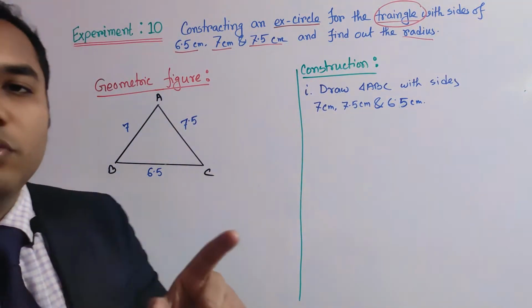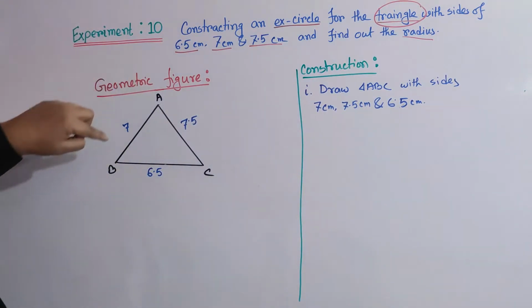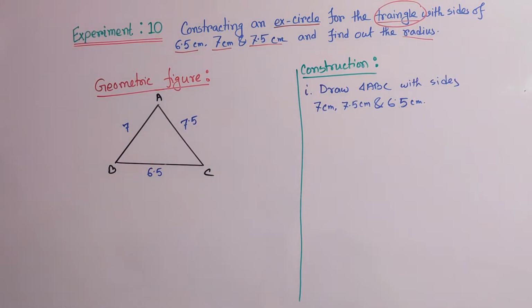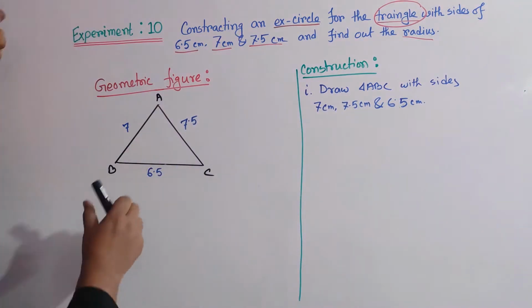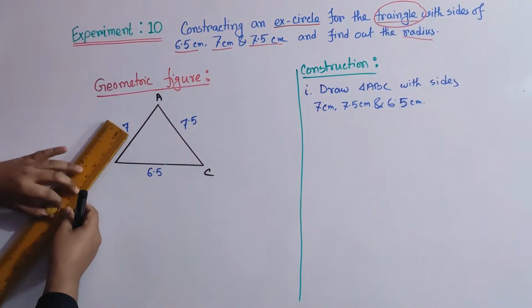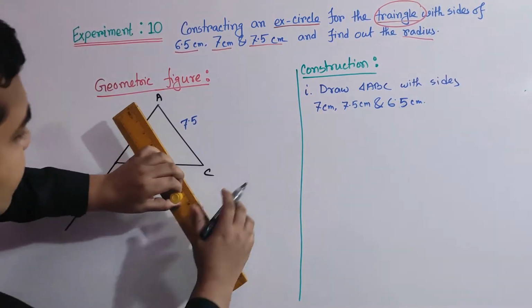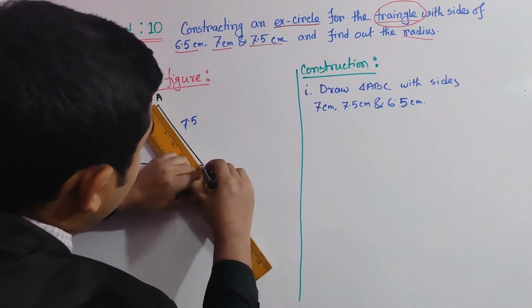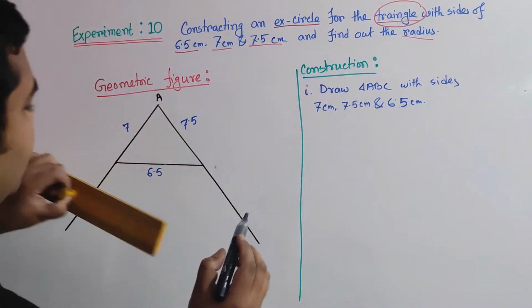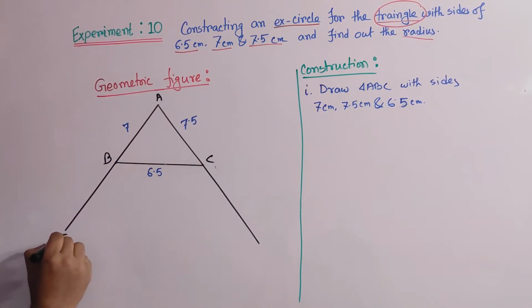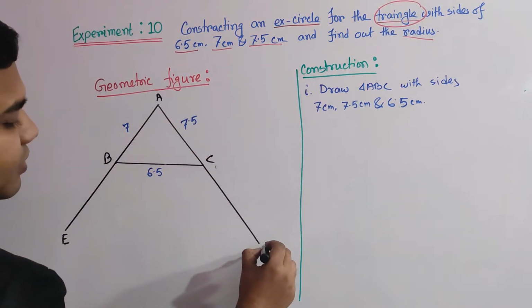Our second thing is to extend AB and AC. We'll extend these two. So we can write here that we'll extend AB. Okay, so it was B, it was C. Extend AB up to BE and AC up to CF.